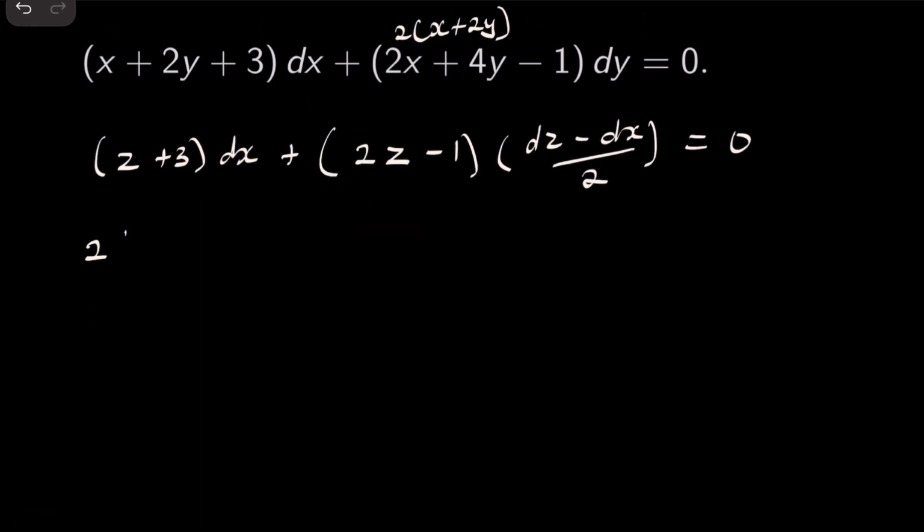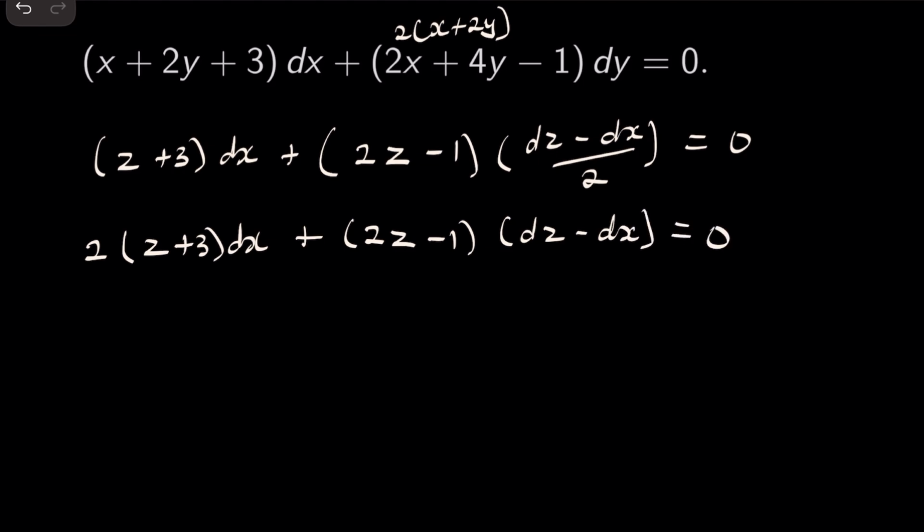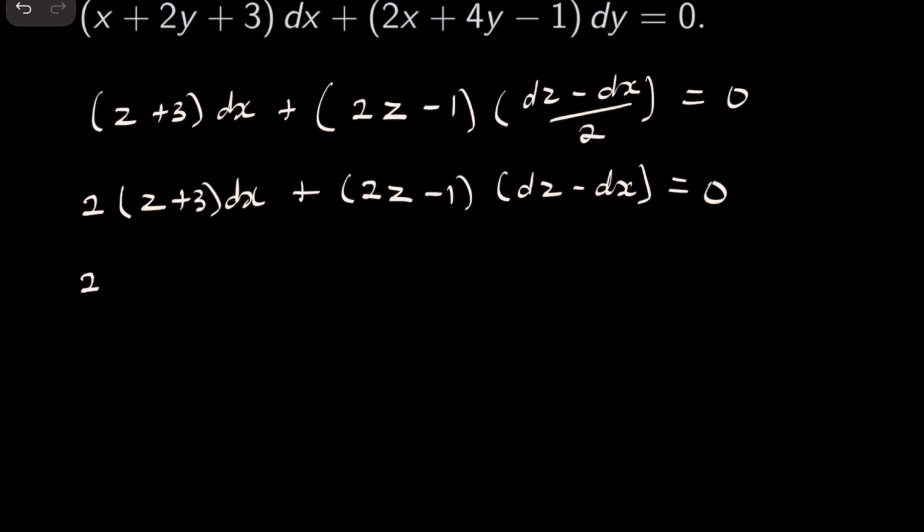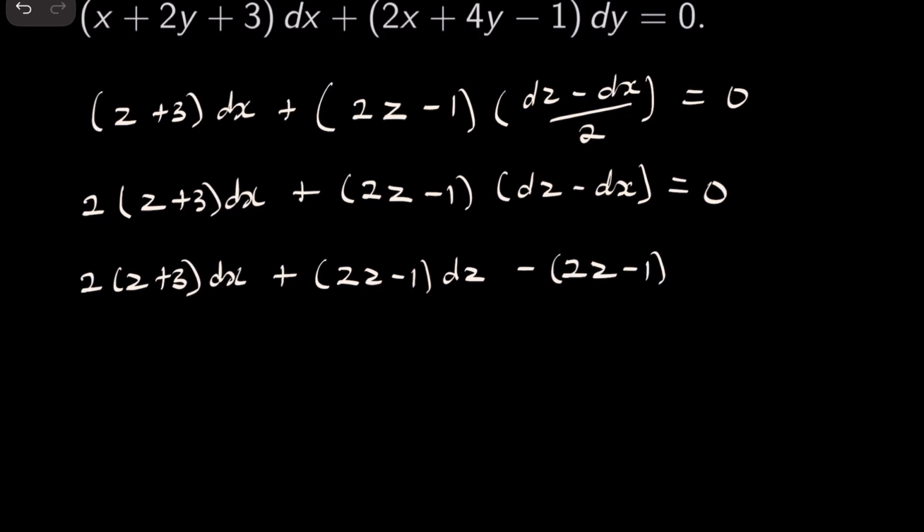Simplifying this gives (z plus 3) dx plus (2z minus 1)(dz minus dx) is equal to 0. Simplifying this gives (2z plus 3) dx plus (2z minus 1) dz minus (2z minus 1) dx is equal to 0.